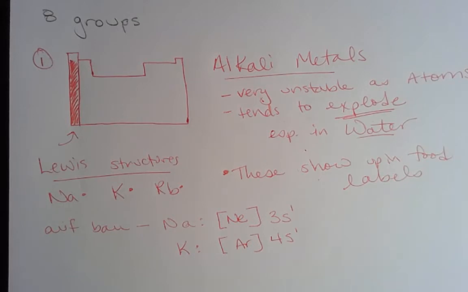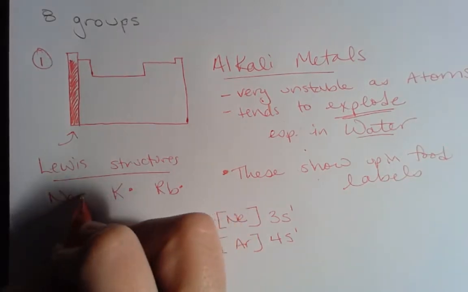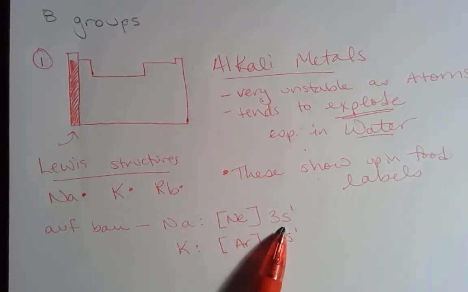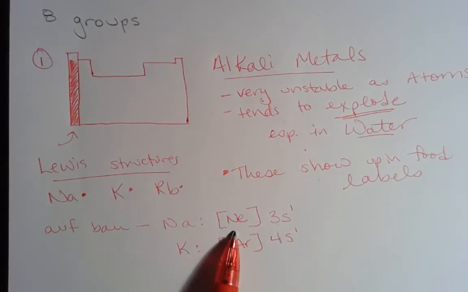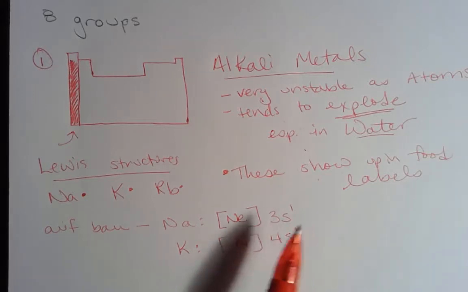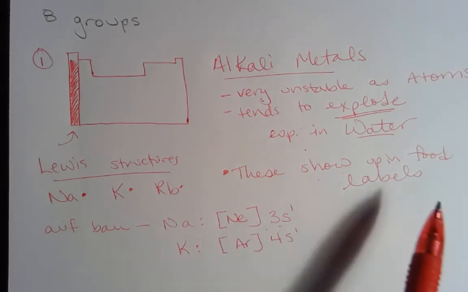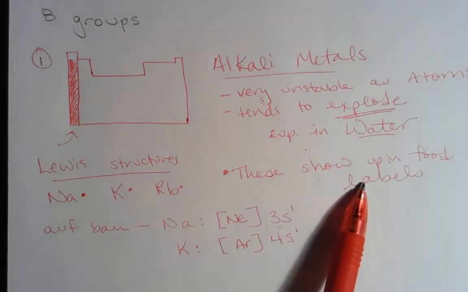Now you may notice that in our Lewis structures we've got 1 valence electron, and in our Aufbaus we've got 1 electron outside of our core. It's the same 1 electron. And it's that 1 little electron outside the core that moves to form ions.